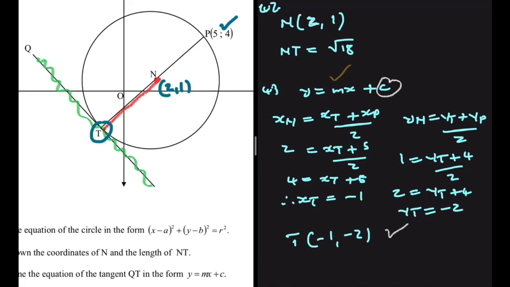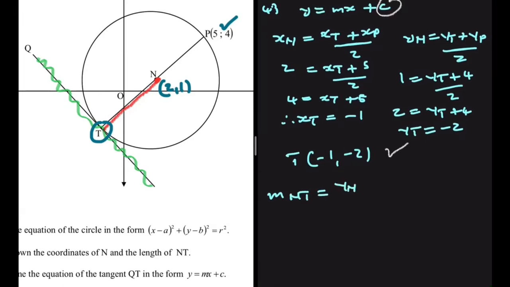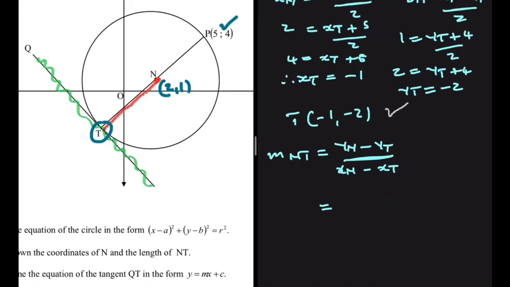So we can go ahead and find the gradient of QT. The tangent is perpendicular to the radius. So if we find the gradient of the radius, then we can use that to find the gradient of the tangent. We're going to have the gradient of NT being equal to y of N minus y of T, divided by x of N minus x of T. y of N is 1, minus y of T, which is minus 2.